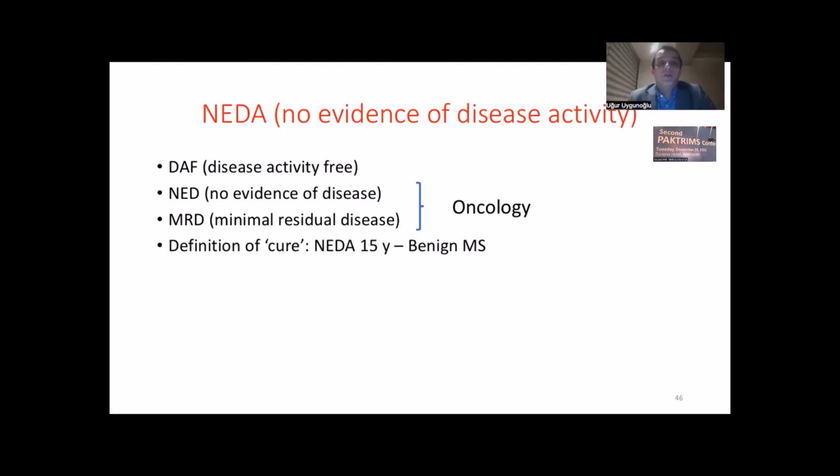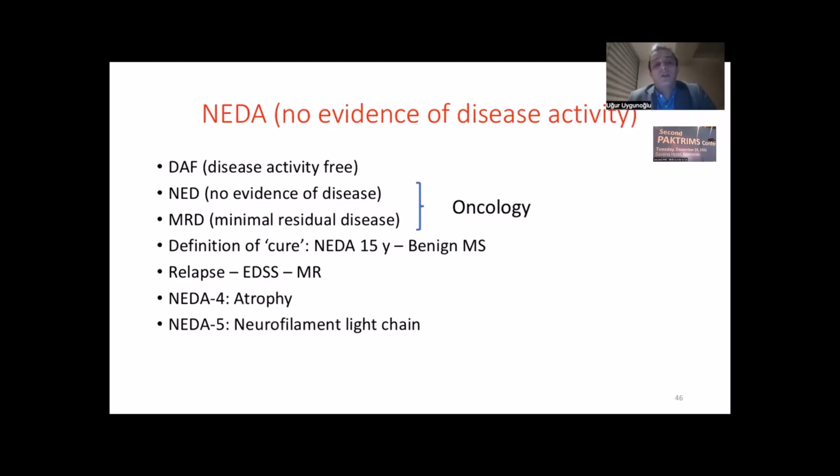So what is the definition of cure, NEDA, 15 years, or benign MS? This is still controversial, the term of benign MS. And there are also new concepts. Atrophy is included in NEDA-4 and neurofilament light chain in NEDA-5. So in the meantime, in our institution, we are requesting neurofilament light chain at the beginning of the disease to maybe have a chance to predict the future of the patient together with the clinical activity and then the MRI activity.